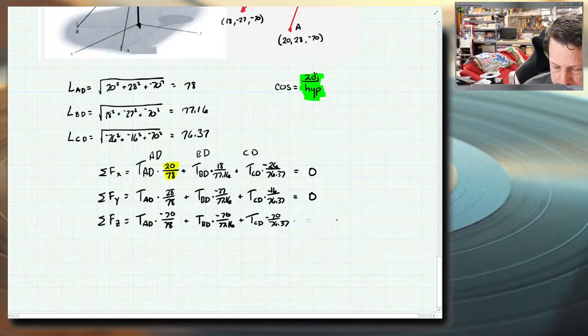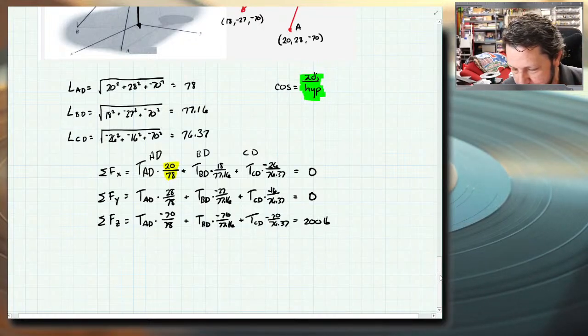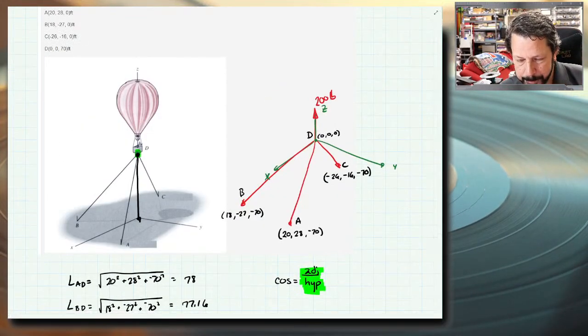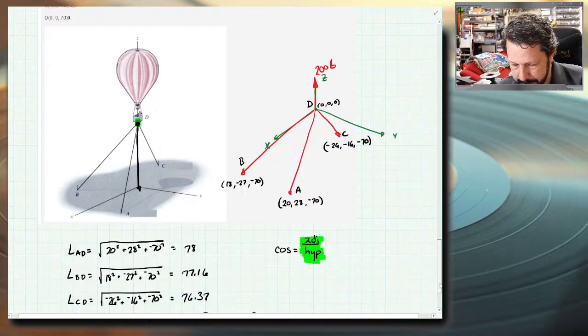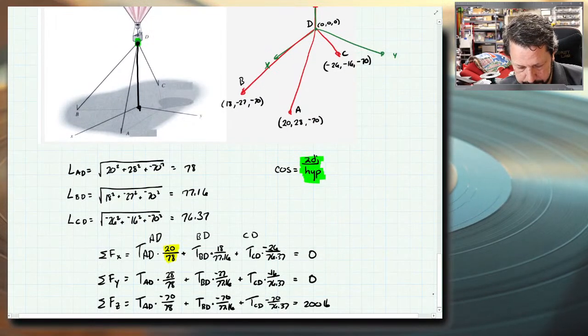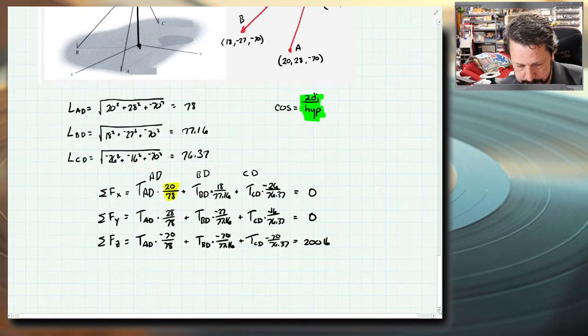Now I will say one thing here that I have kind of skipped over, or not skipped over, but I have mentally just inverted. I actually worked this problem a little bit backwards, in that the 200 pounds is actually in my positive z direction, but all of these others are in my negative z. That's fine. I did put my negative z values in there, so that's okay.